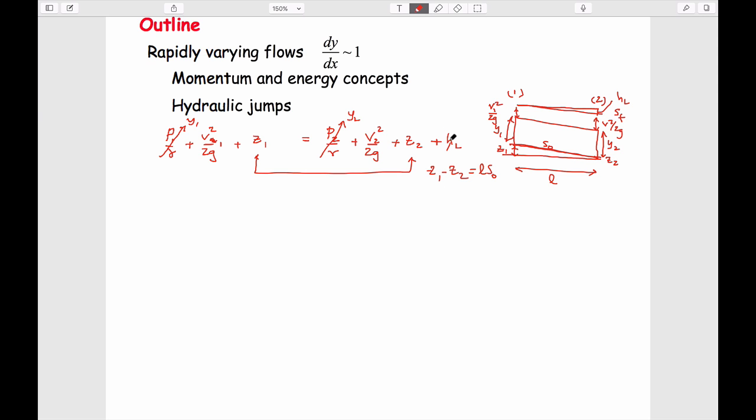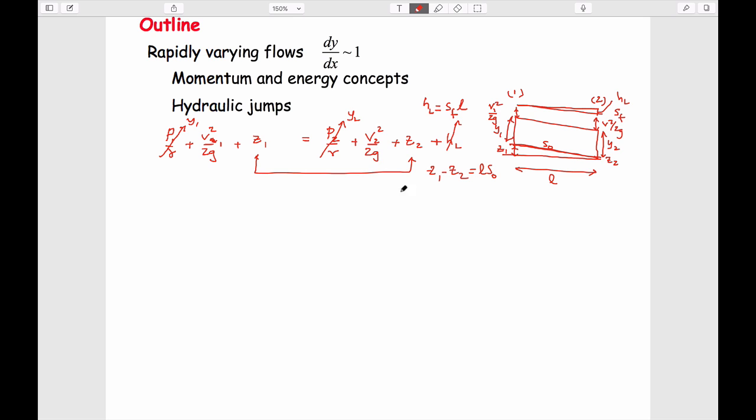And we can also write this term here as HL is equal to the slope of this. Did we use F or did we use something else for that? We did use F. The slope of this energy line, again multiplied by L.